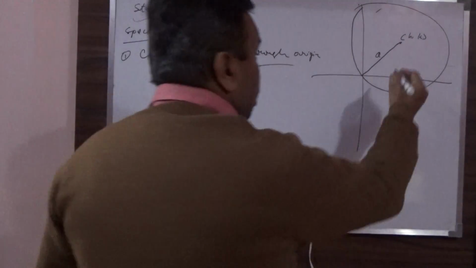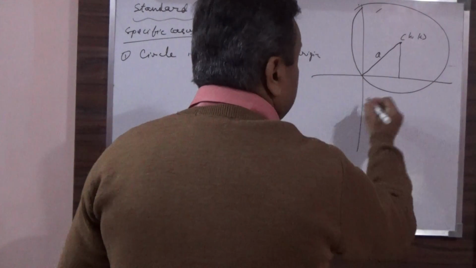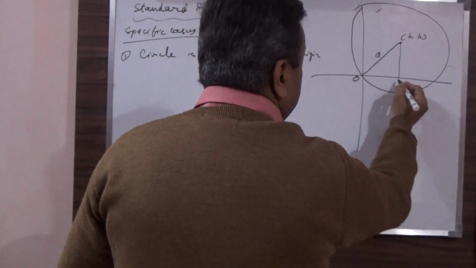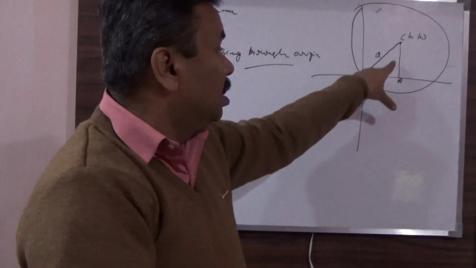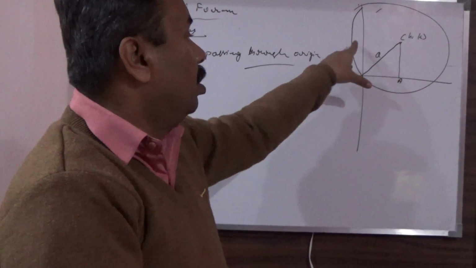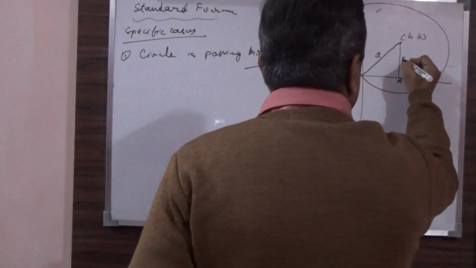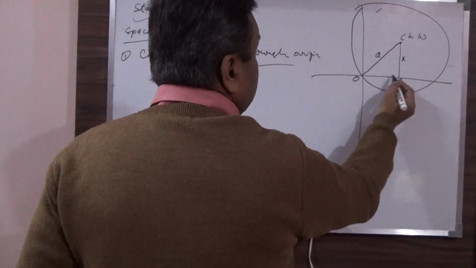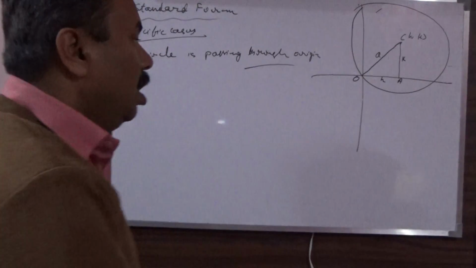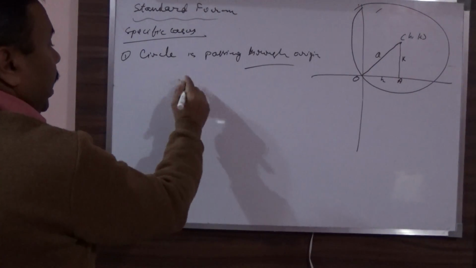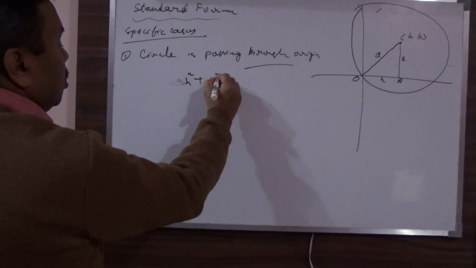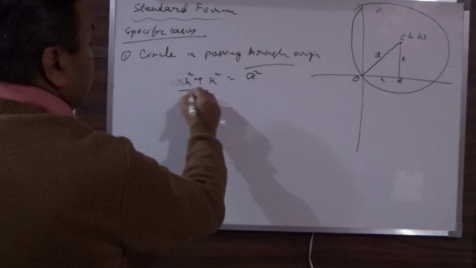So whatever distance, if I join like this, this is O, this is C, let it be A. Now see, what is this distance? This is the y coordinate, so this distance will be k. Similarly, this distance will be h. Now first you see what will be h square plus k square, that will be a square.